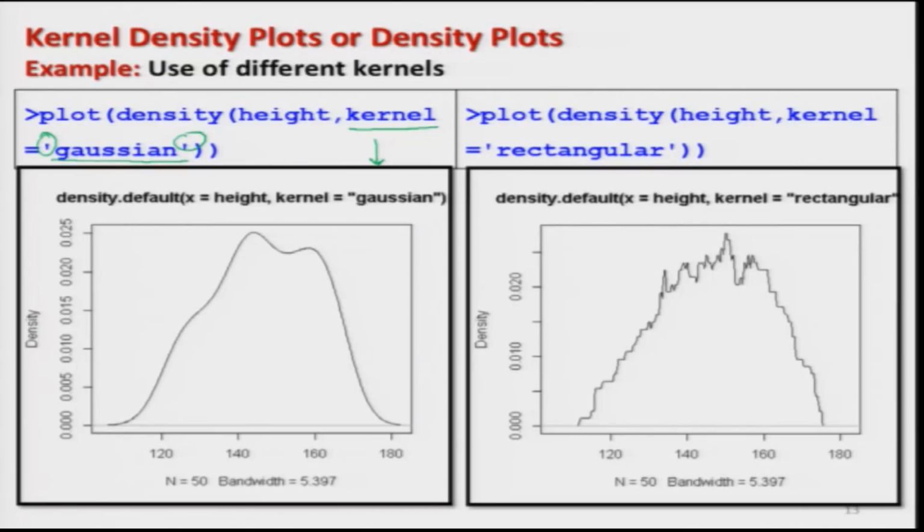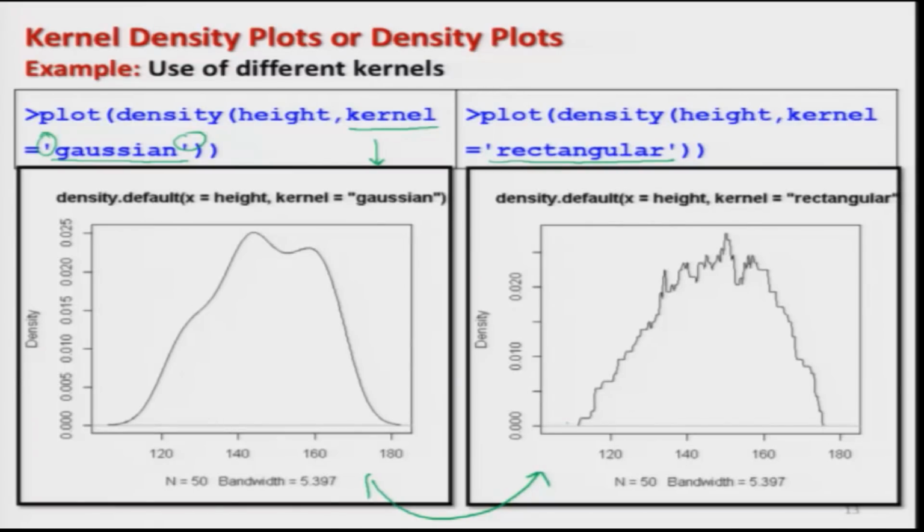Similarly, I am taking another kernel, the rectangular kernel. If you compare both these graphs, you can see the structure is almost the same, on similar lines, but the structures are different.